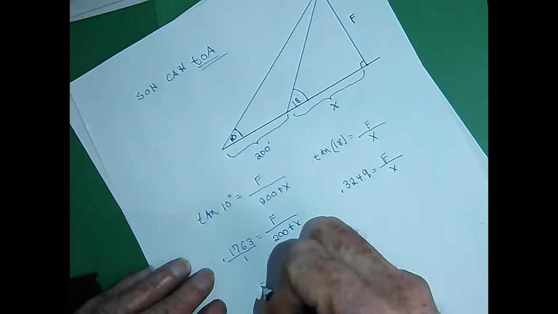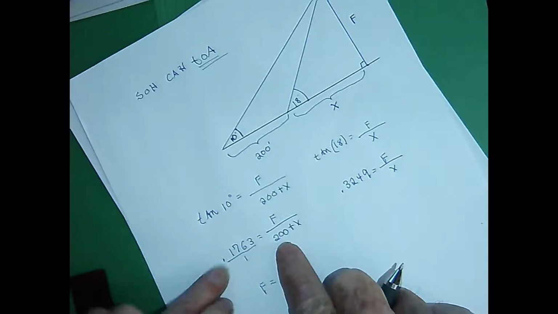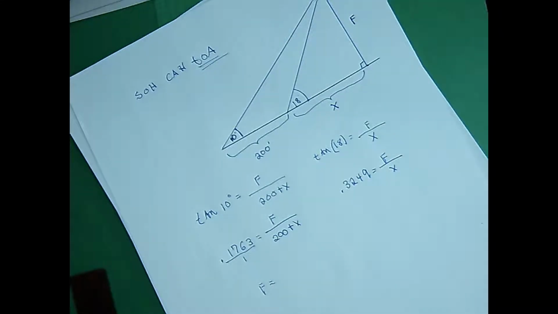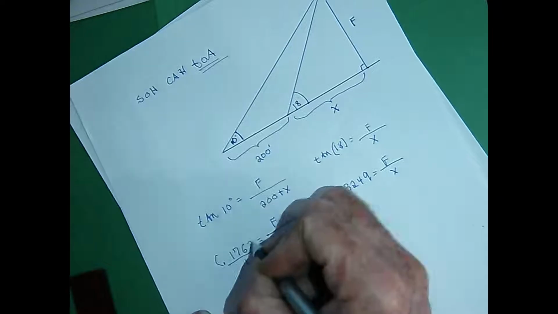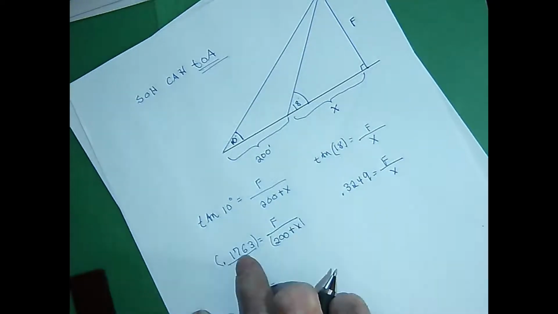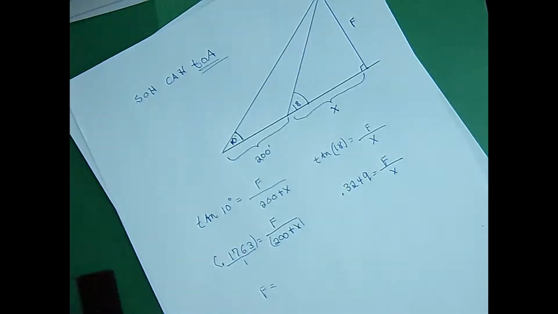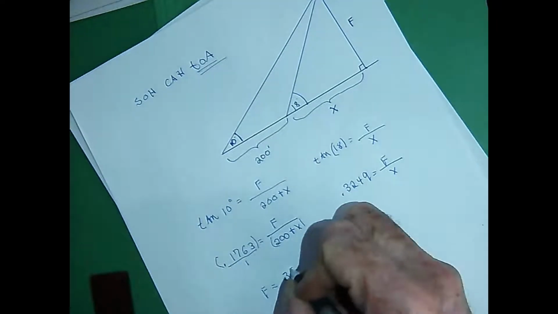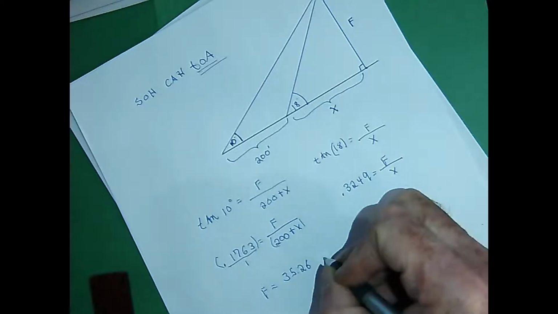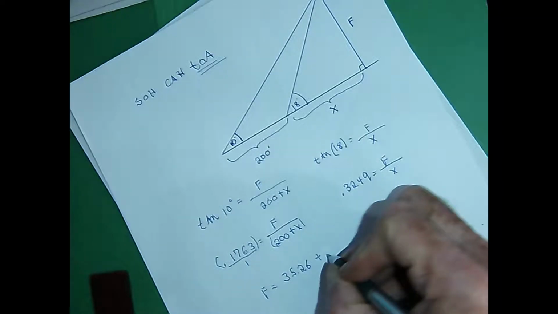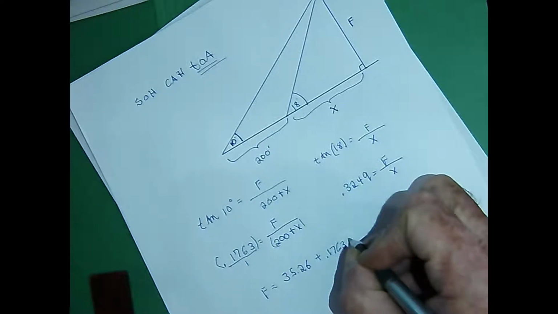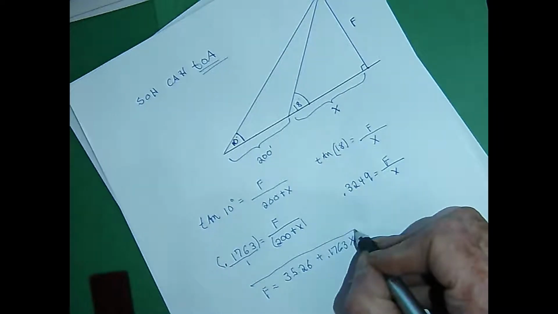F is equal to, and let me multiply these with the calculator, 0.1763 times 200, which gives me 35.26, plus 0.1763 times x, 0.1763x. Okay, I'm going to hold that thought.